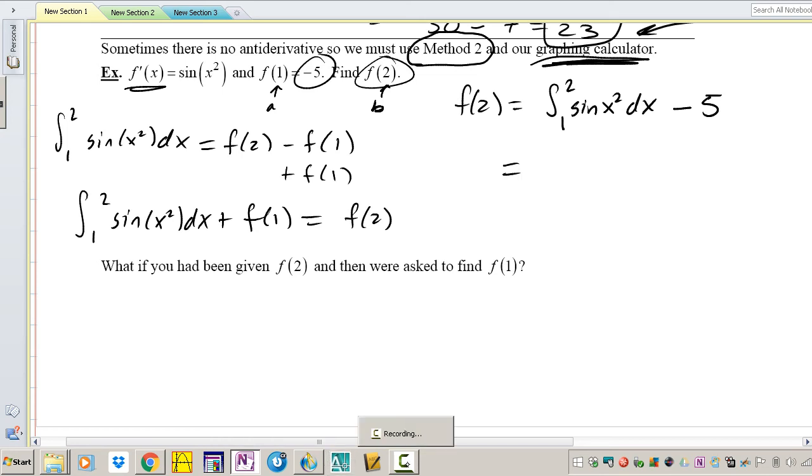So let me pull out my calculator. Okay, so using the calculator, I had to find the integral. This is not computable by hand.